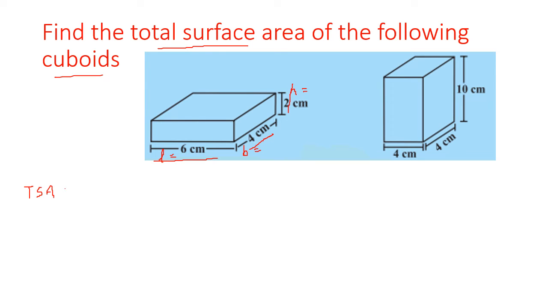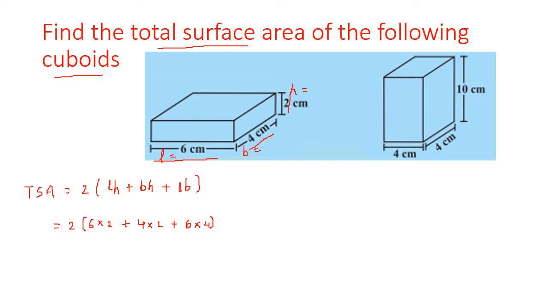TSA, first we write down the formula, 2 times LH plus BH plus LB. Put down the values. 2, L is 6, H is 2, so 6 into 2, plus B is 4 and H is 2, so 4 into 2, plus L is 6 and B is 4, so 6 into 4.